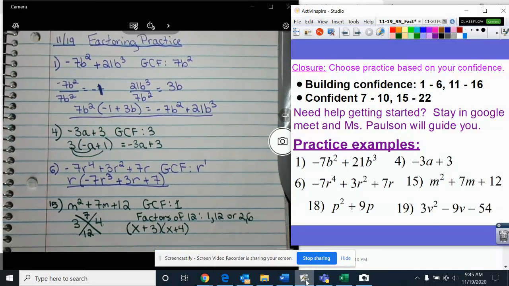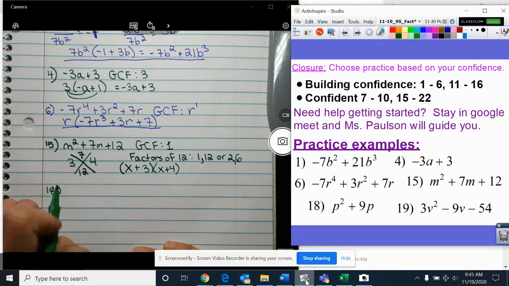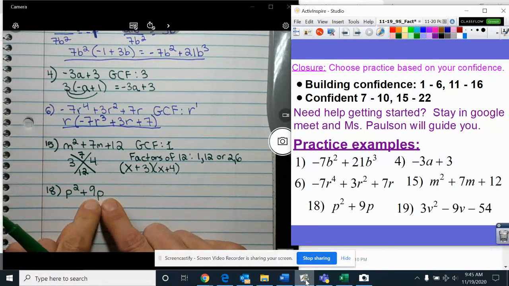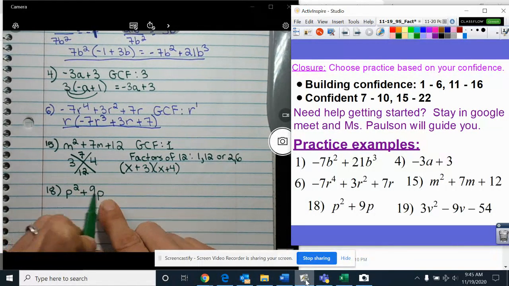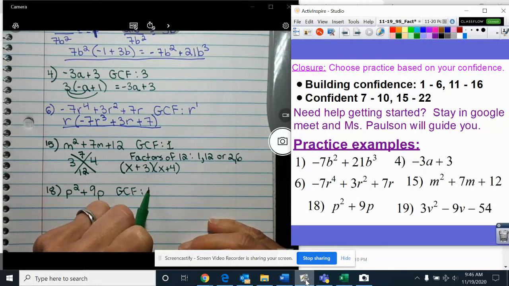And we're going to look at 18, very similar. We have p squared plus 9p. Notice that this has a p, and this first term also has a p. So the greatest common factor is p.